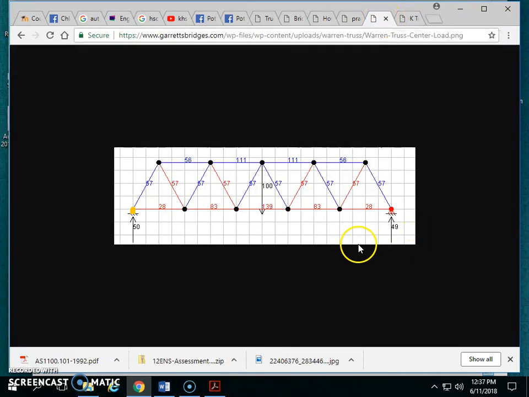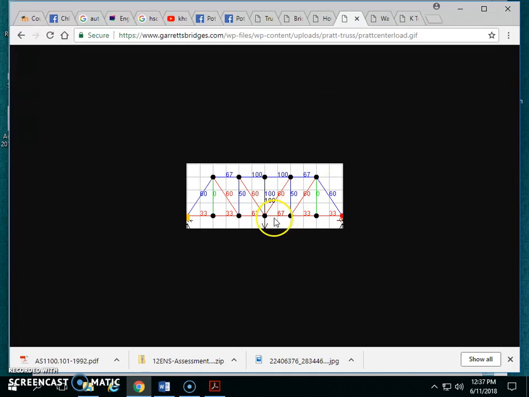But you can see the idea of what we want to do is find the critical member. So in this case, the critical member is this 139. We're putting a test load of 100. Whatever load we put on here, the force inside this member is going to be 130% of that. That's for a Warren truss. For a Pratt truss, what do we got?